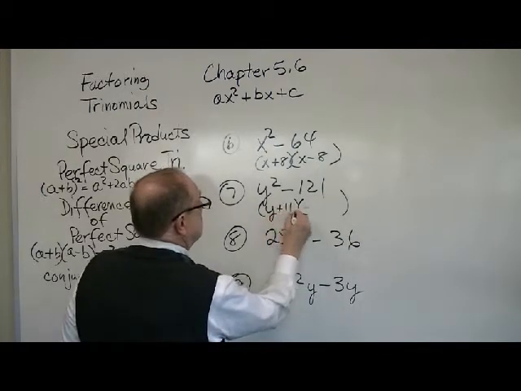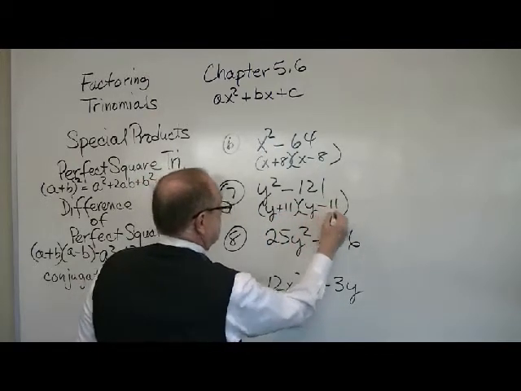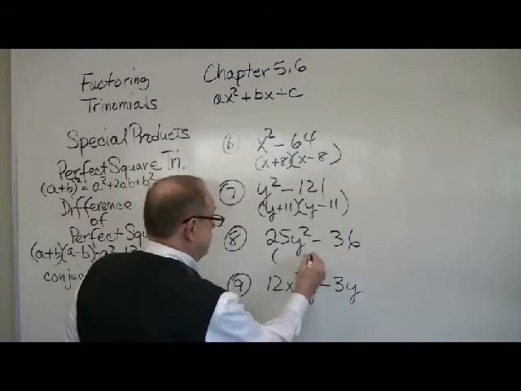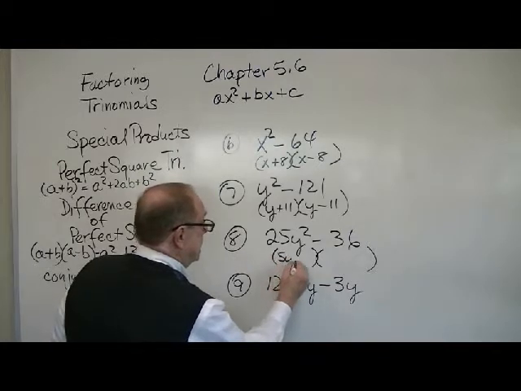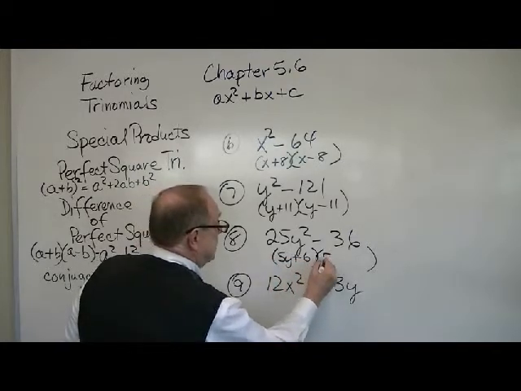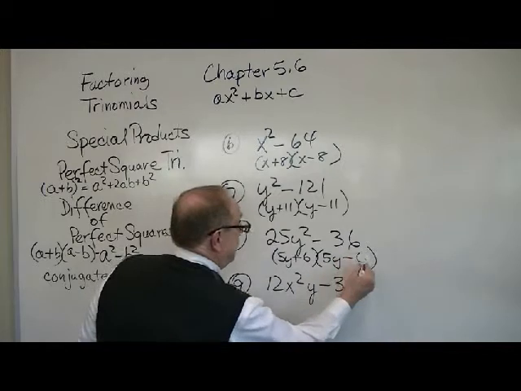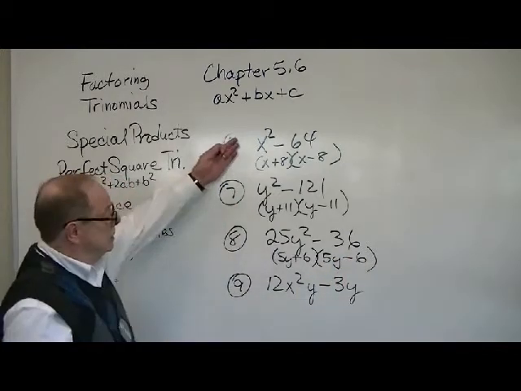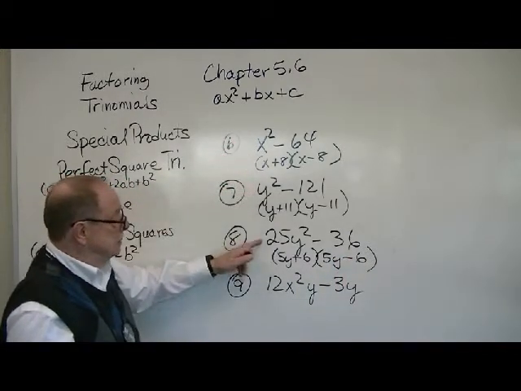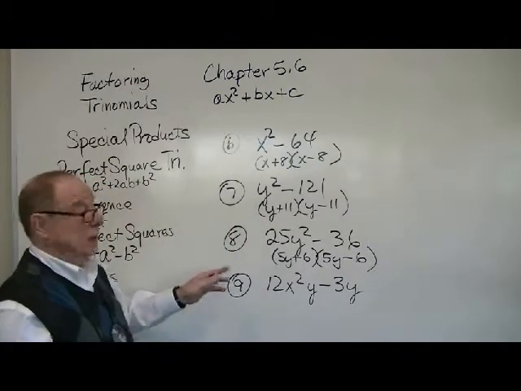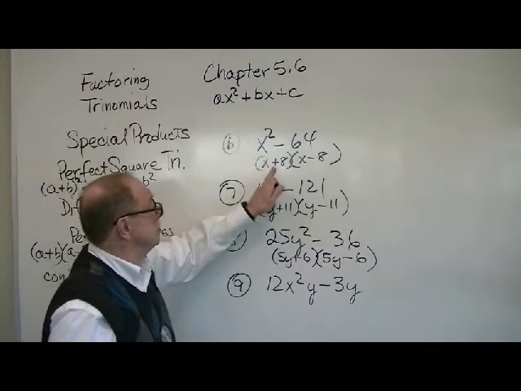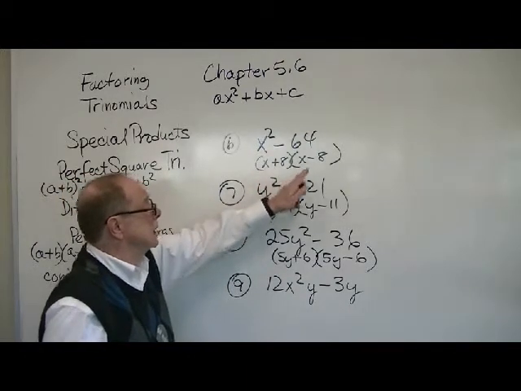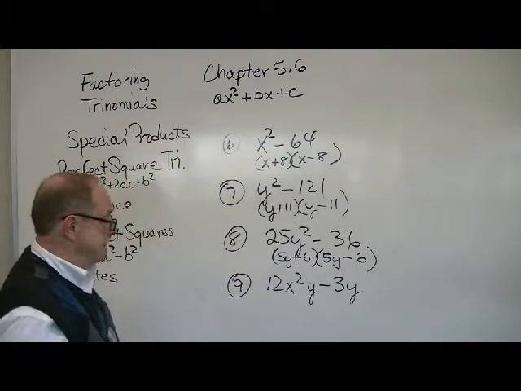Y plus 11, y minus 11. 5y plus 6, 5y minus 6. Again, if you recognize that they're the difference of perfect squares, now remember, you need to have that negative sign there. And you could put the positive, negative, or reverse them. That would be okay.